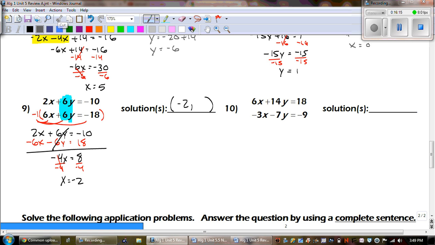Okay, this time I'll plug into the top equation. We have 2x, x is what we know, so 2 times negative 2 plus 6y equals negative 10. 2 times negative 2 gives us negative 4.